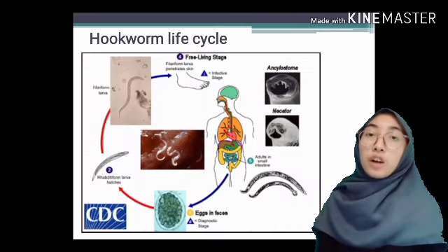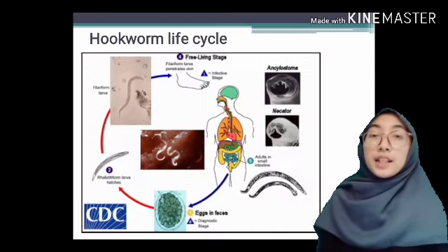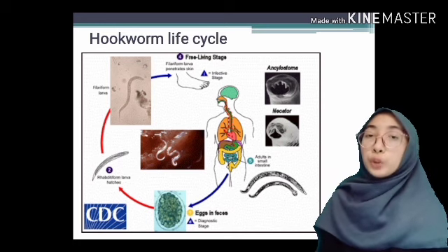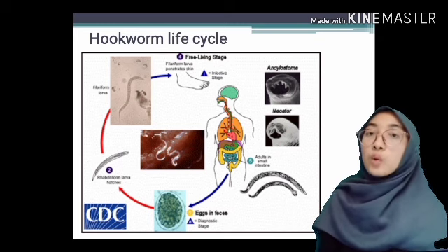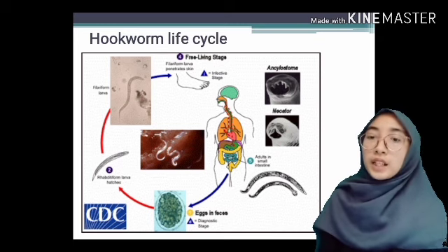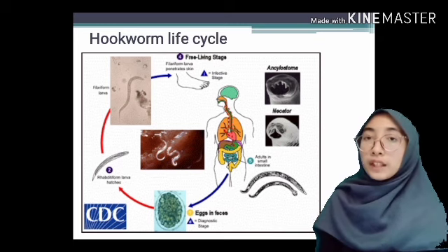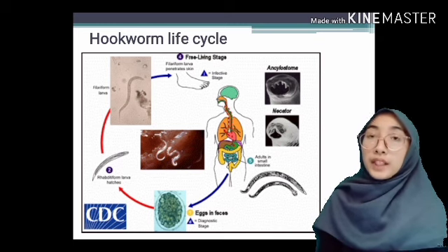The life cycle of hookworm. In conditions of sandy soil with an optimum temperature, eggs develop after 1 or 2 days, releasing rhabditiform larvae measuring 250 to 300 micrometers.